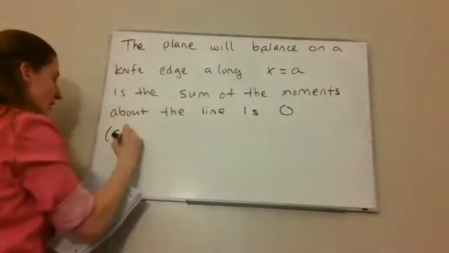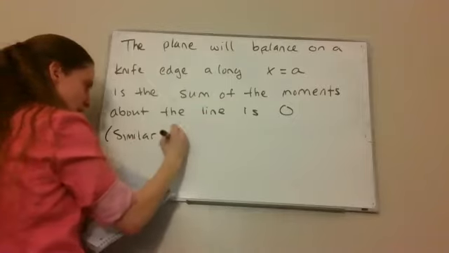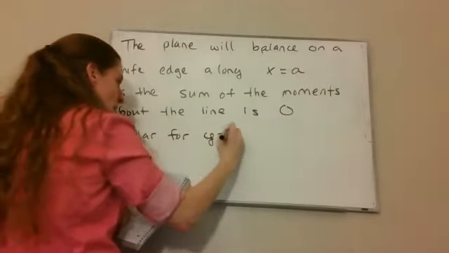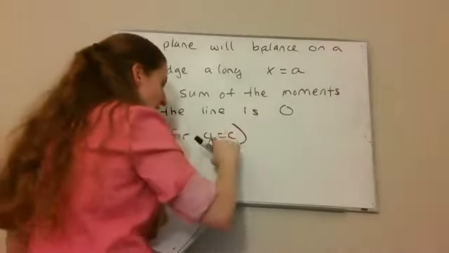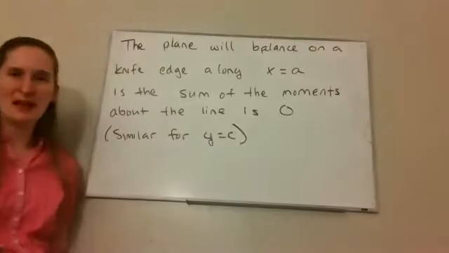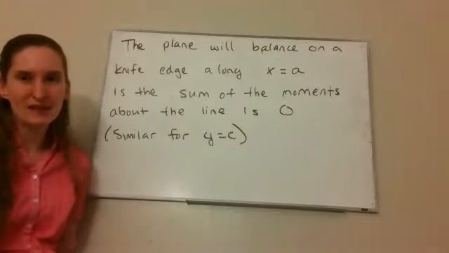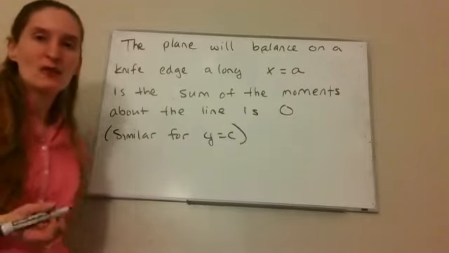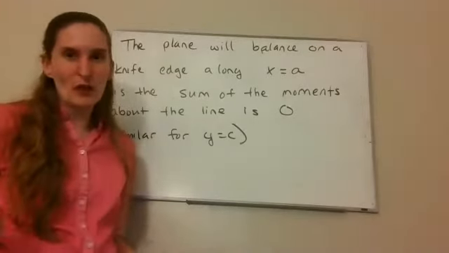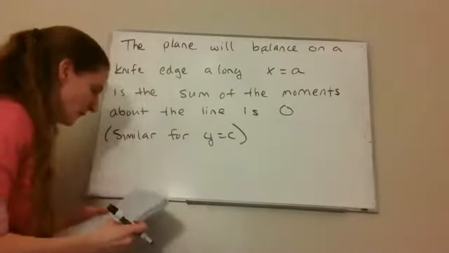And this is similar for y equals c. Now, why do we care about where it's going to balance along a knife edge? Well, because the center of gravity is going to be right along the intersection of those knife edges.